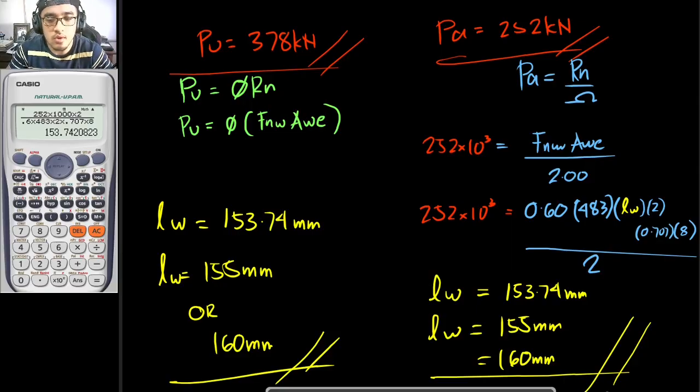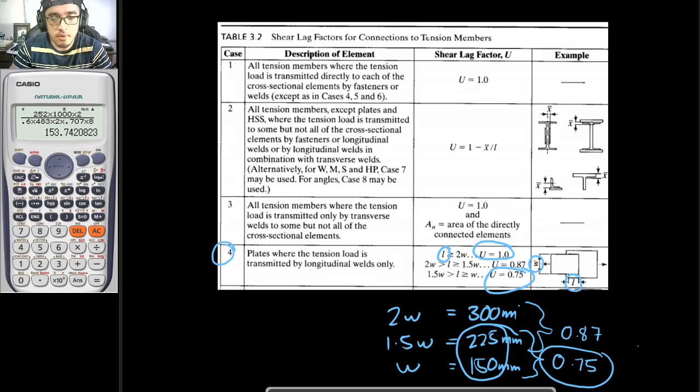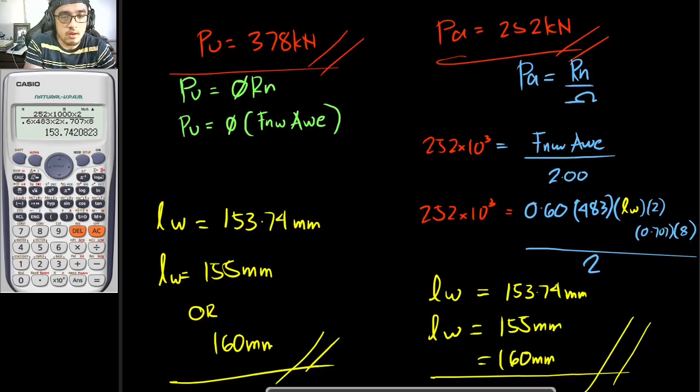So it would be up to you if you would be choosing 155 or 160 mm. If you can remember earlier, what we did here was to guess our value of U using these ranges right here. And as you can remember, I have guessed that my shear lag factor U is equal to 0.75, meaning I have guessed that the length of my weld would be between 225 and 150. So am I right?